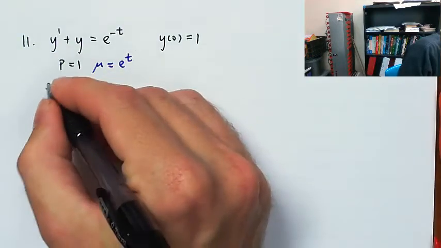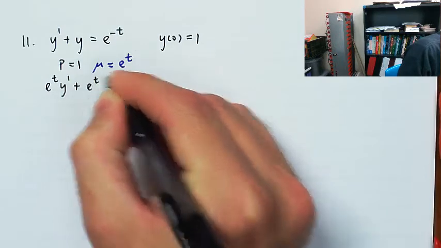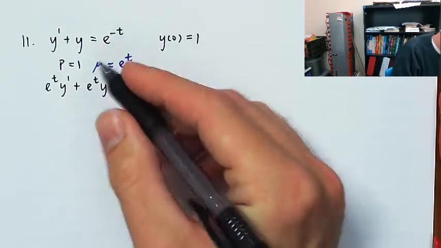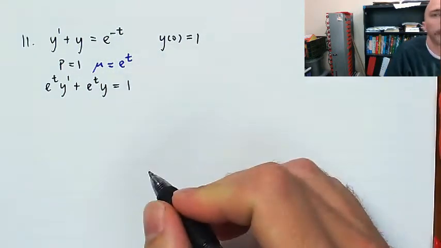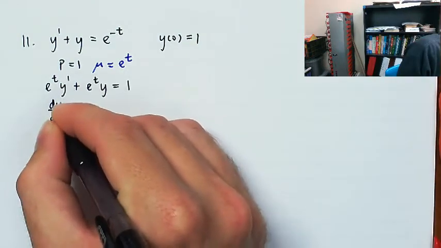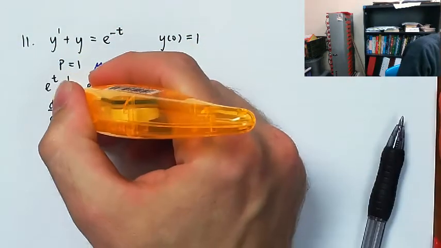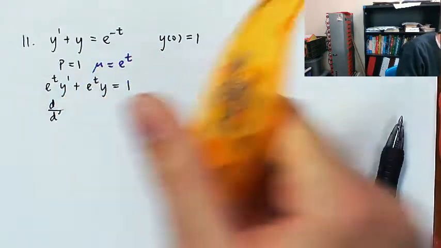And I can say, all right, well, e to the t y prime plus e to the t times y is equal to e to the t times e to the negative t, which is going to be 1. This one's going to go a lot faster. So the derivative with respect to t of y times e to the t, just like the last example.